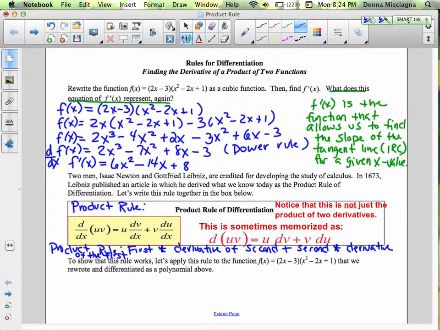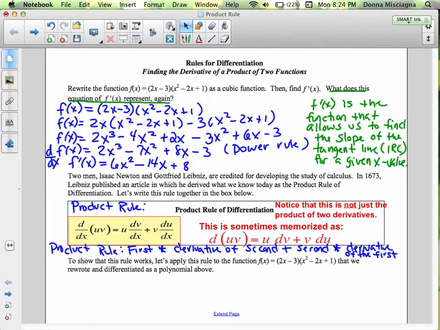I knew I couldn't squeeze it in. How about over here? There we go. Of the first.